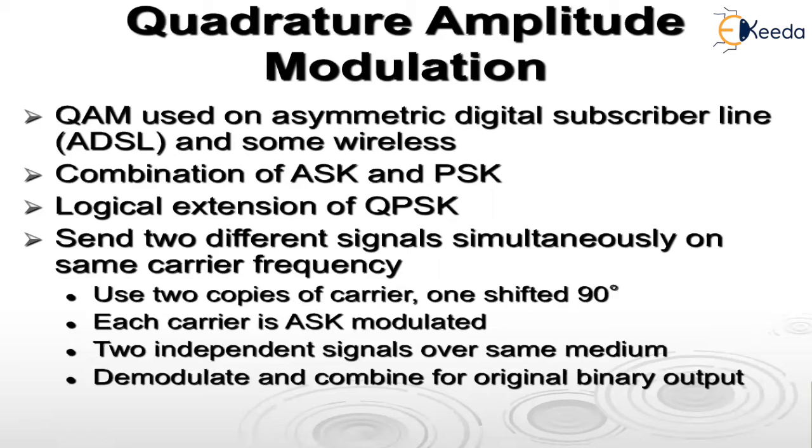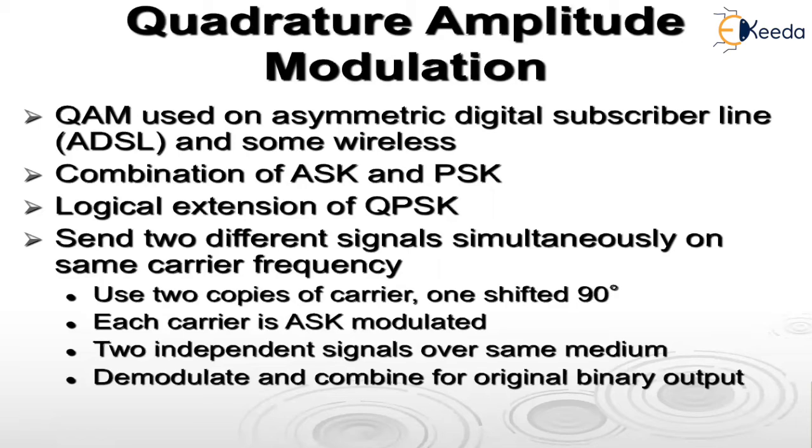That is, two independent signals are simultaneously transmitted over the same medium. At the receiver, the two signals are demodulated and the results combined to produce the original binary input.